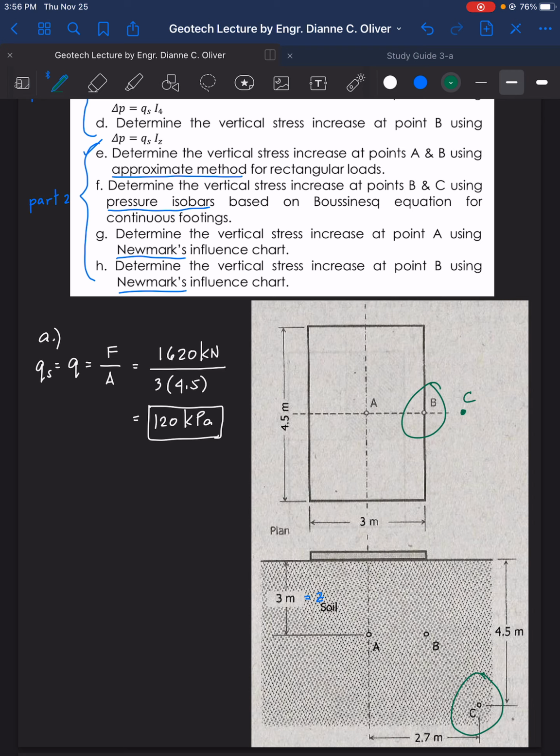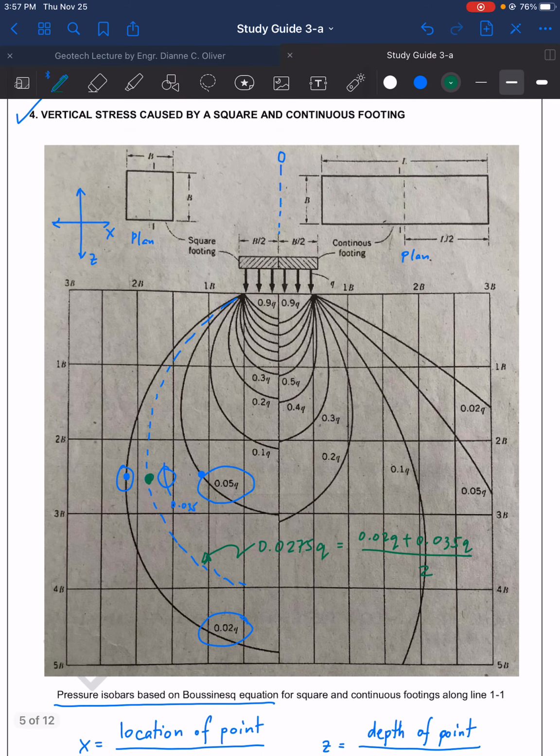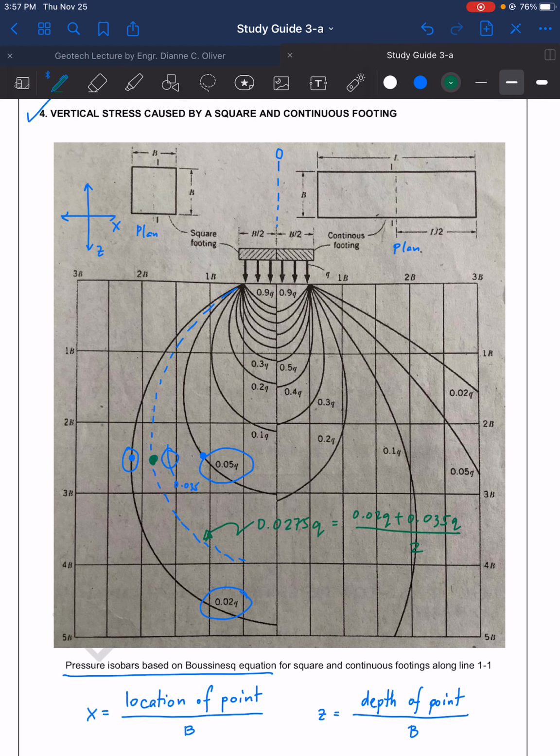We need to find the vertical stress increase using the pressure isobars based on the Boussinesq equation.